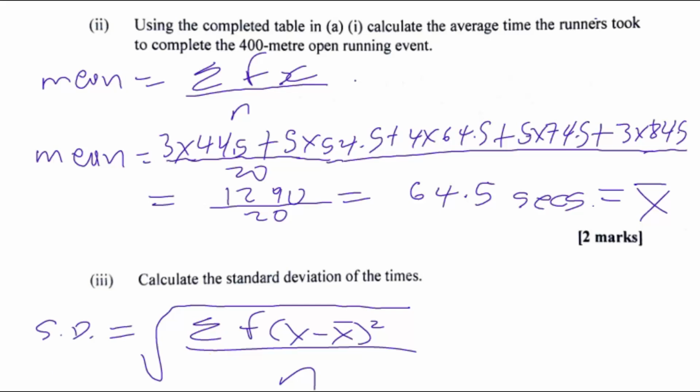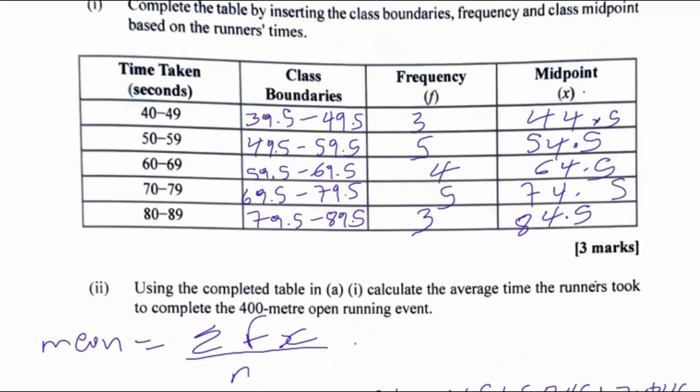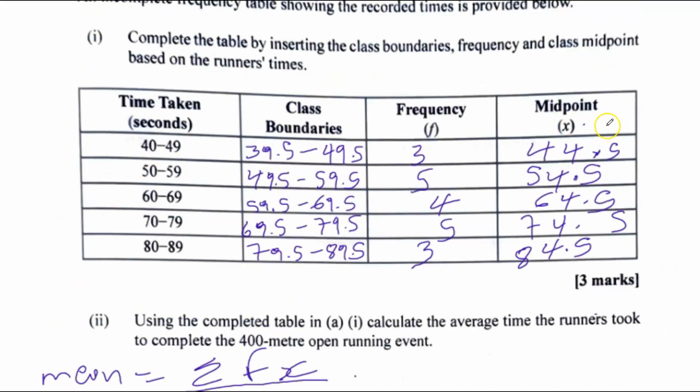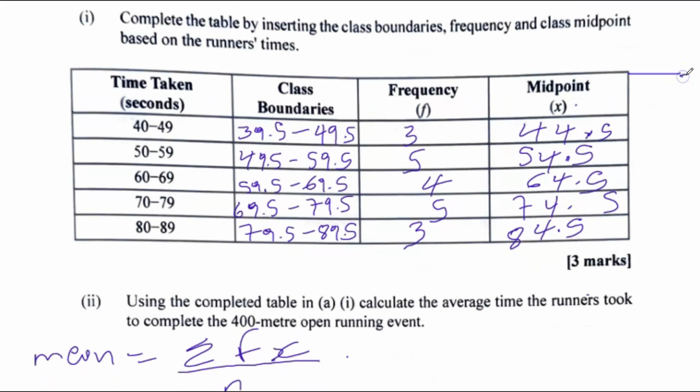Let's do that. Alright, so I'll make some adjustments to the table. I need x minus x bar squared for each row. So let me create a column here for x minus x bar squared.